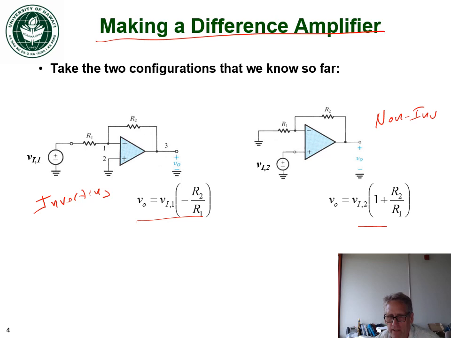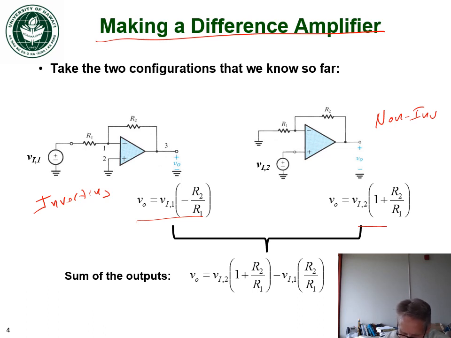It turns out, if we just take these and add them together, what we get is that V out is equal to VI2, which is the non-inverting input, times 1 plus R2 over R1. So this is from the non-inverting. And then if we add this with the output of the inverting, we get a negative sign from the inverting amplifier times VI1 times R2 over R1.